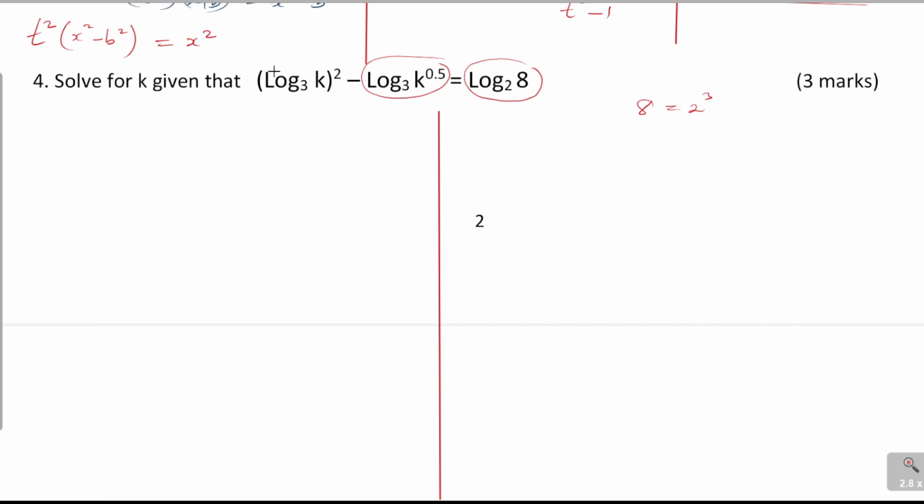Then for this one, we don't have any law of logarithm that we can use to simplify that, but there's something we're going to do first. Let us work out these.